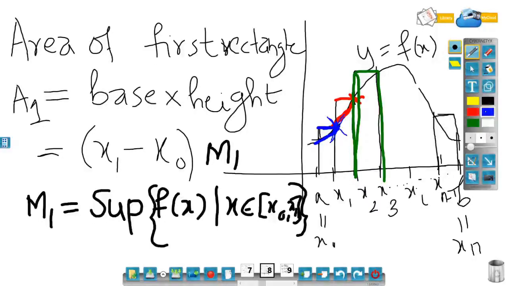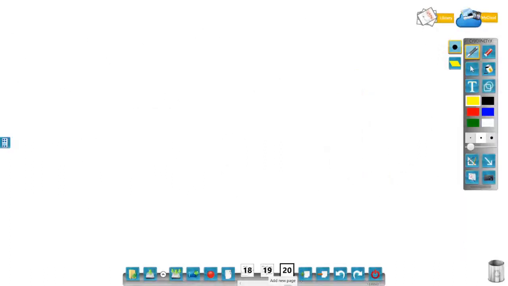You can see that in UPF this extra part was coming, and similarly this extra part. So in UPF there was an addition in area, whereas in LPF there was a deletion, and you were not getting the exact area below the function.